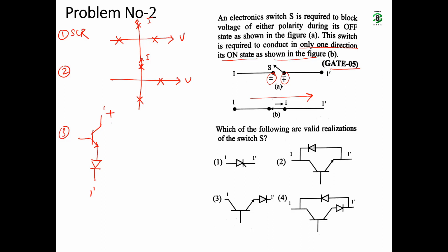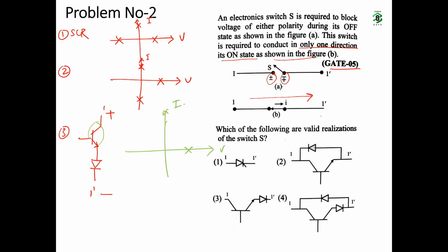That is, if we apply this polarity of voltage, it will be blocked by this BJT, but it will not be blocked by this diode. Overall, if we consider this as a switch, then this positive polarity of voltage will be blocked.